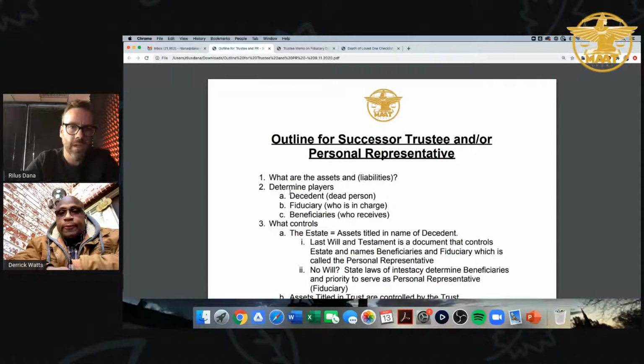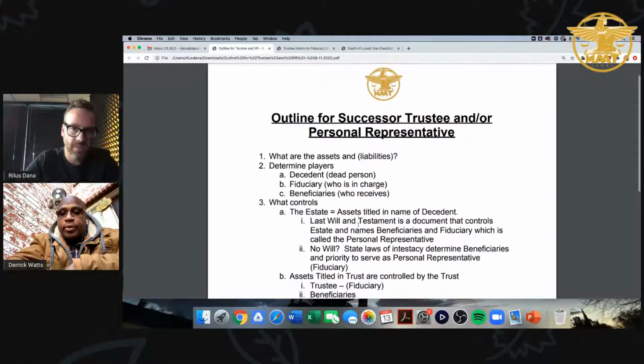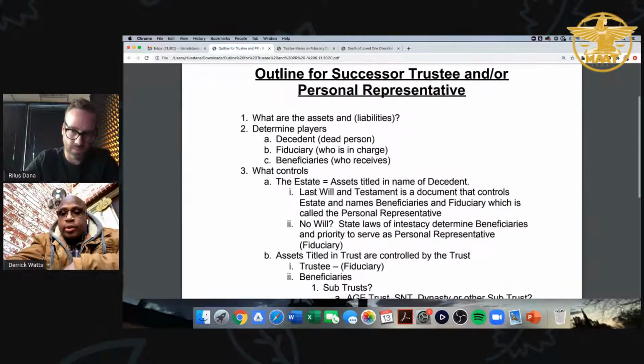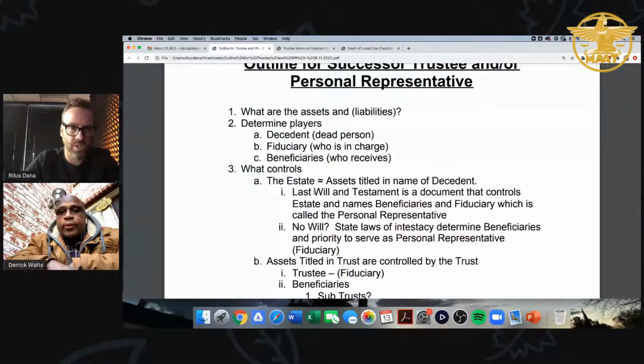Yes. The second part is determine players. So decedent is the dead person. Fiduciary is who's in charge, and then the beneficiary is who receives. And then in order to determine those, what controls?